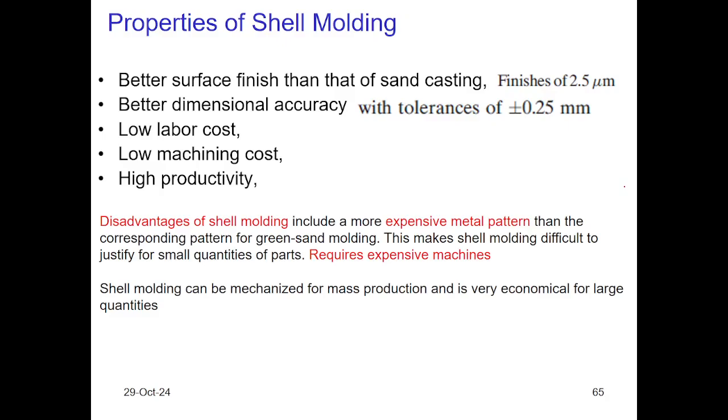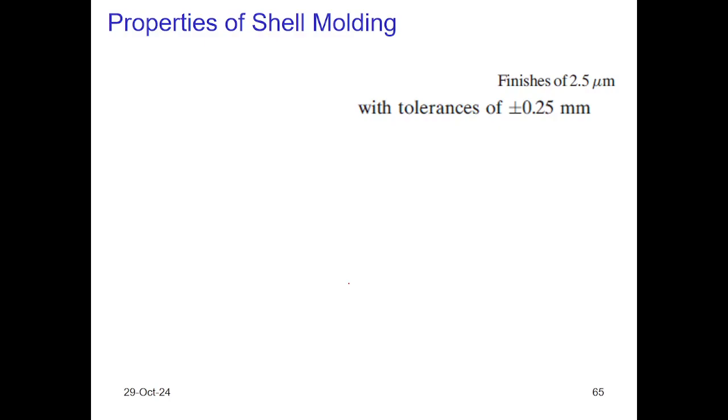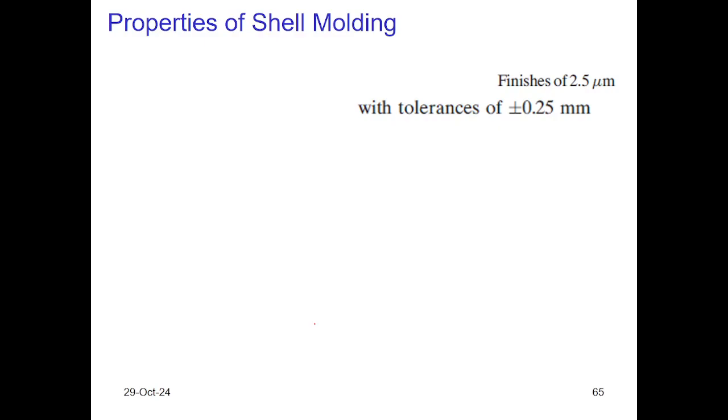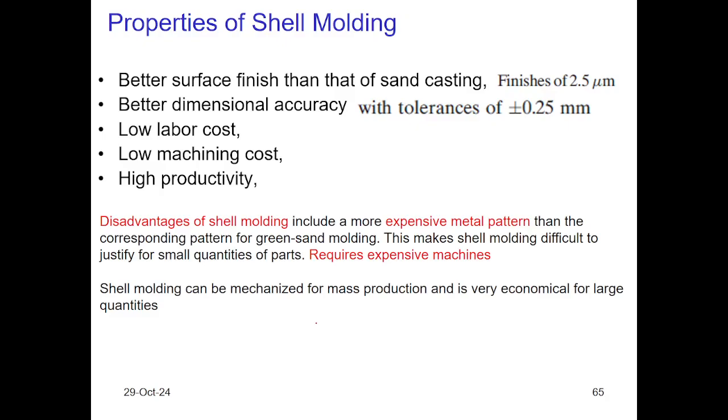But keeping the pattern hot requires energy, of course, and it is to be made of metal. Metal patterns are more expensive, and also within the flask we need to have metal shots. Metal shots are also expensive components. So the disadvantage of shell molding is higher cost.